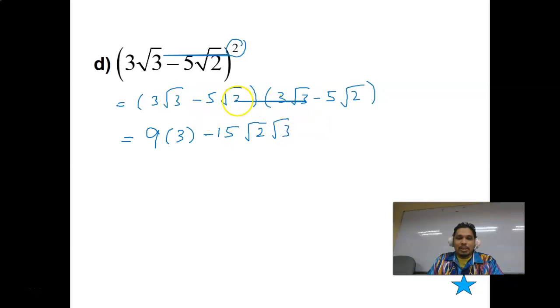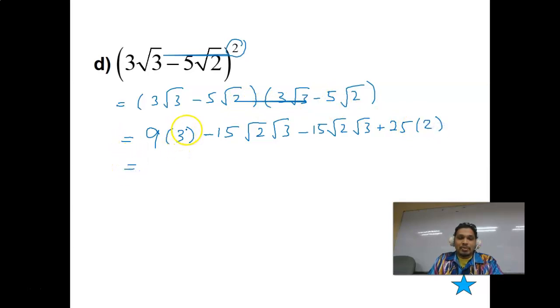Then negative 5 square root of 2 times this one here, minus 15 square root of 2 square root of 3, and negative 5 with negative 5, plus 25, square root of 2 times square root of 2, equal to 2.